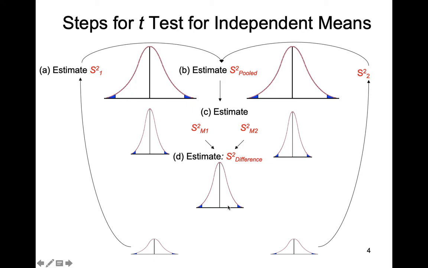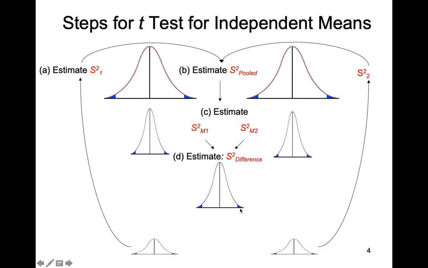Sometimes we get a mean difference, or a difference between those 2 means, that is greater than 0. That could happen by sampling a mean from this distribution that's larger than a mean from this distribution. So we get a positive difference. Sometimes we get a negative difference. How would that happen? We get a mean from this distribution that is smaller than a mean from this distribution. So when we subtract the two, we get a negative difference. Okay.